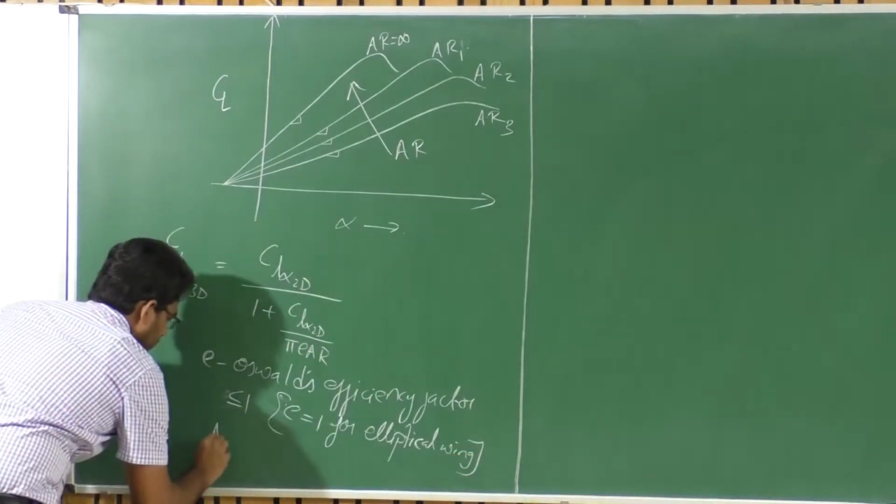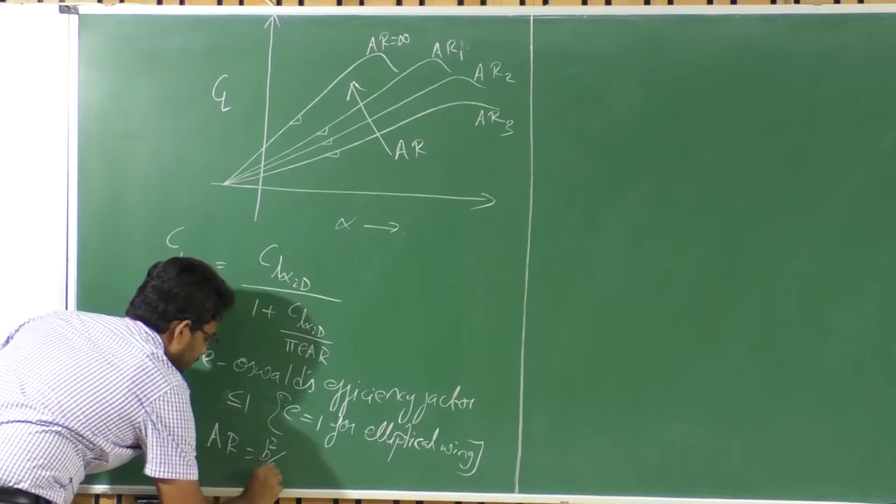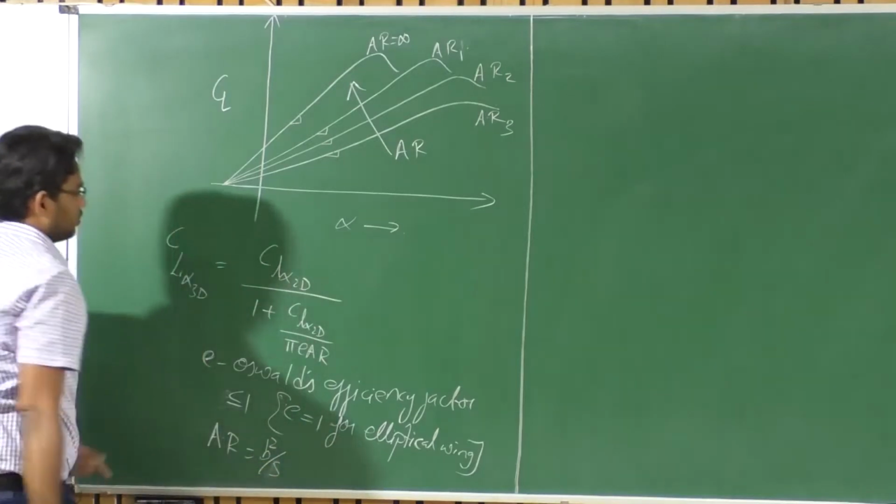And AR is the aspect ratio of the finite wing, okay?